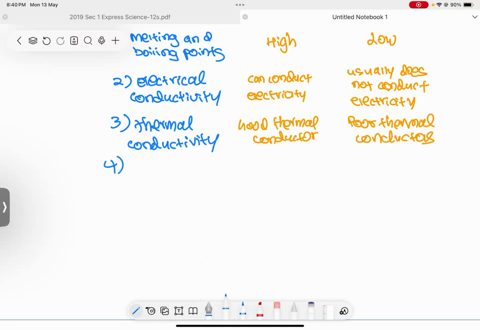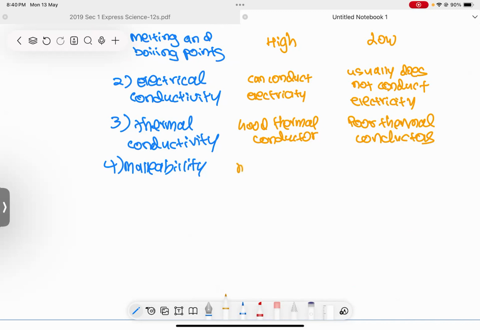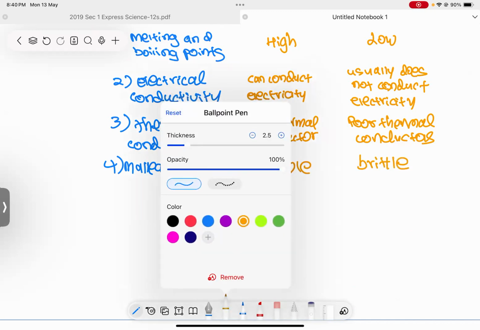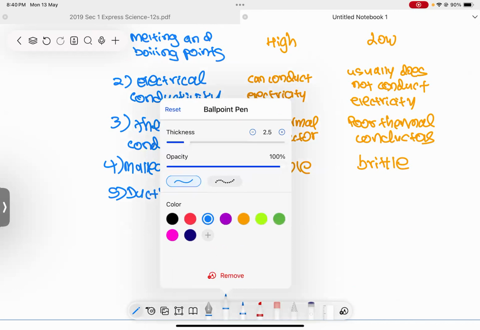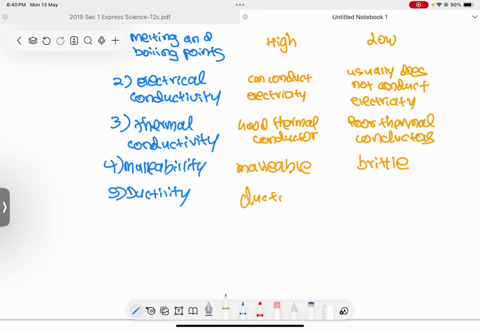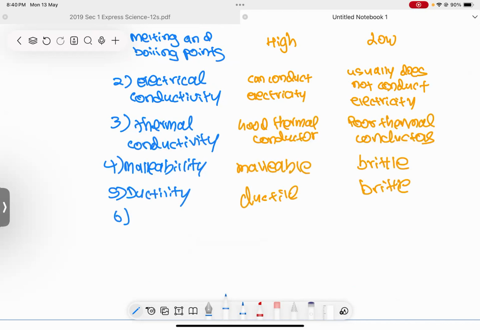Fourthly, we have malleability. You guys might be asking me, what is malleability? We will learn that in the next section of this video. Metals are malleable while non-metals are brittle. Then we have ductility. Metals are ductile while non-metals are brittle. The same thing again. Number 6, we have appearance.